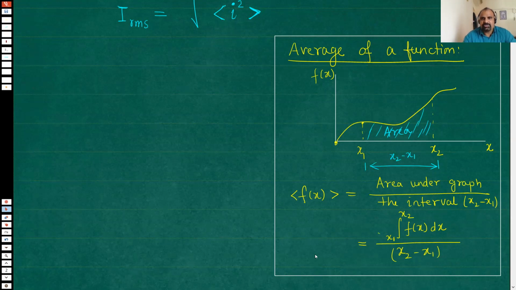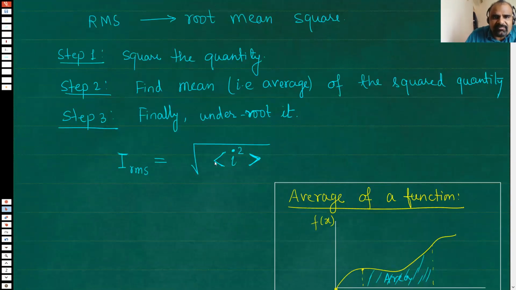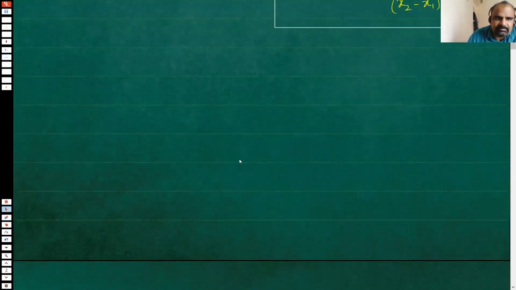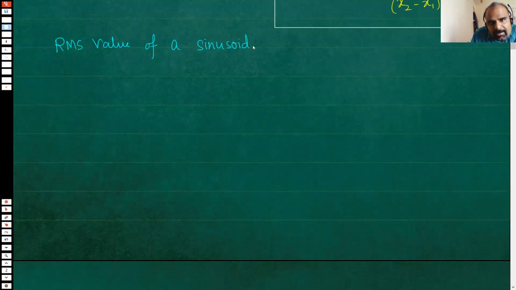Okay. So now we have to find the average. So let's find the RMS value of a sinusoidal AC current.